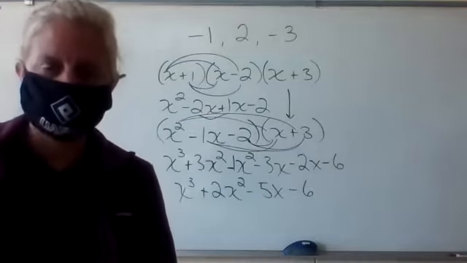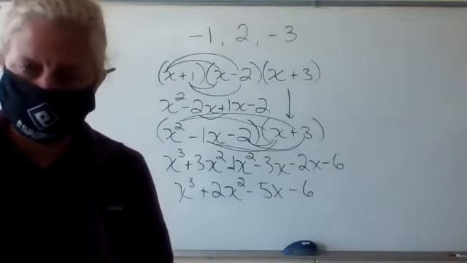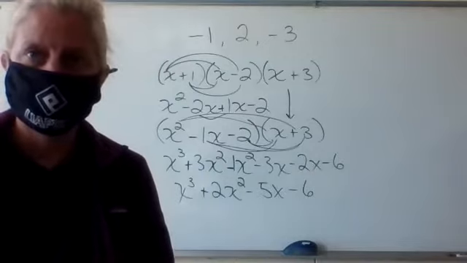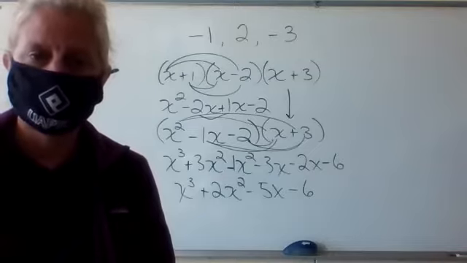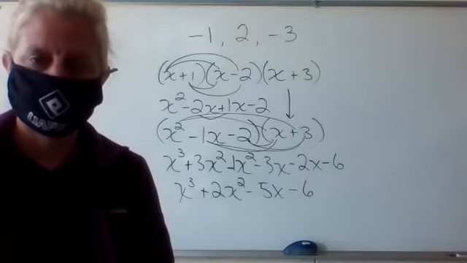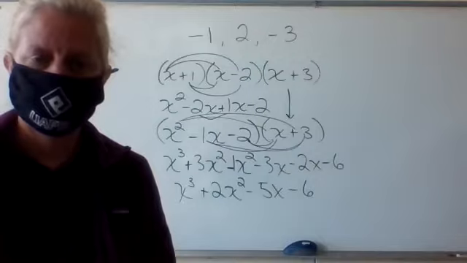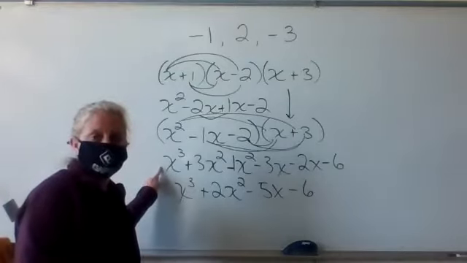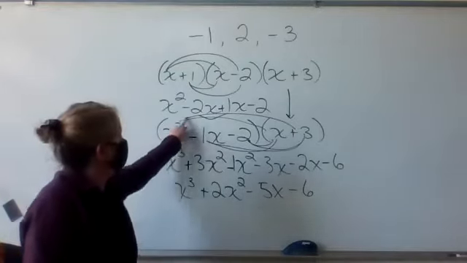Miss Hanson? Yeah. I don't understand this formula, right? X cubed plus 3x squared plus x squared minus 3x squared minus 2x minus 6. You don't understand where I got this? Did you see me do all of this?